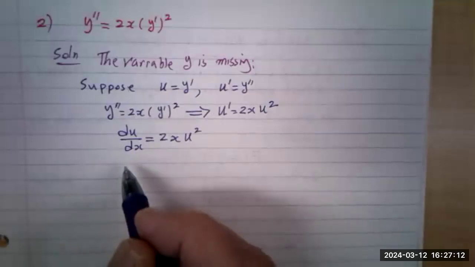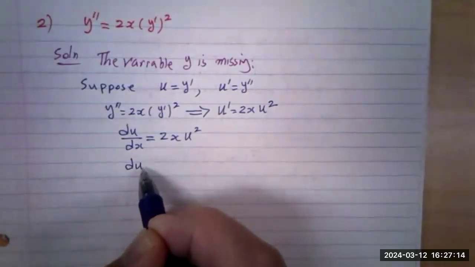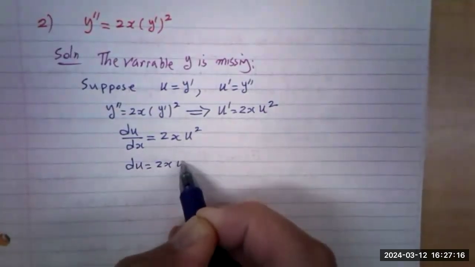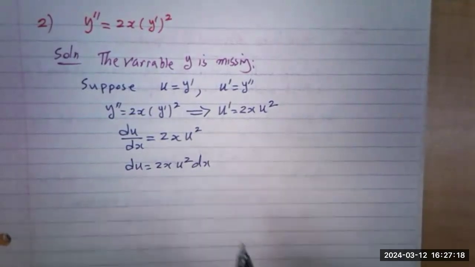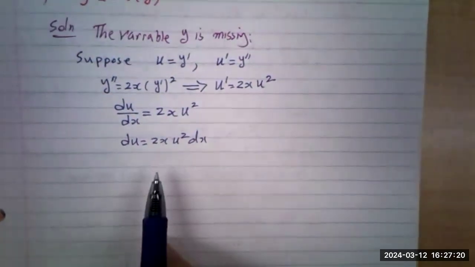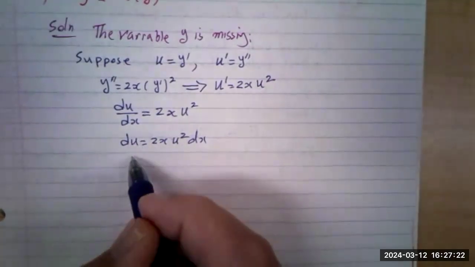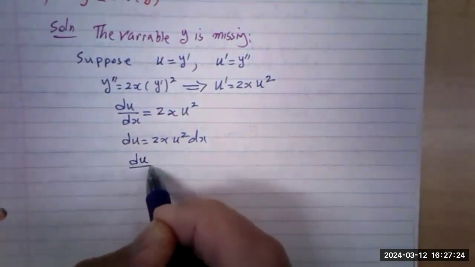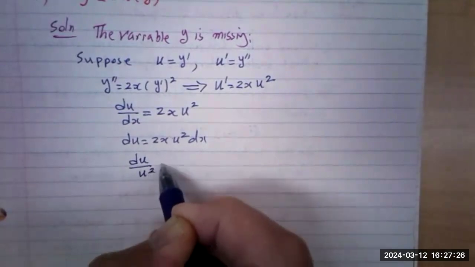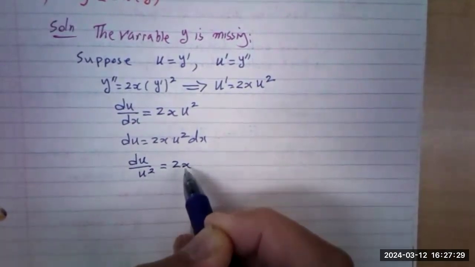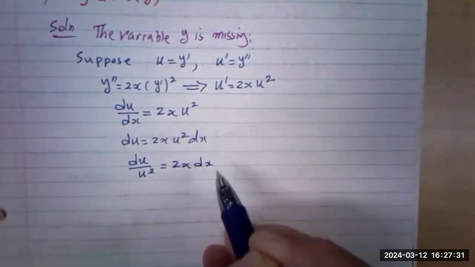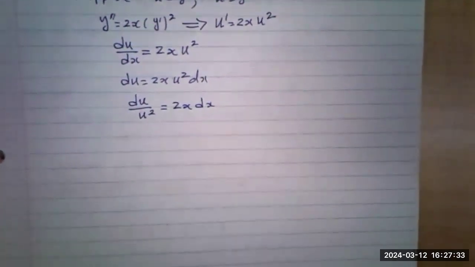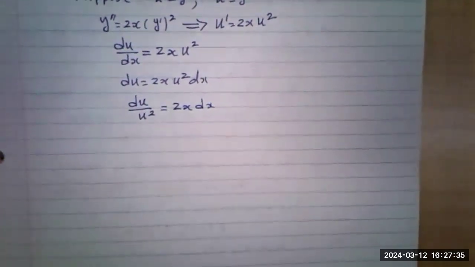You can cross multiply and then divide. That gives you 2x u squared dx. You have to get rid of u squared, so you divide by u squared. That gives you du over u squared, and on the other side, you get 2x dx. Now these are separated variables. Any question? Integrate.